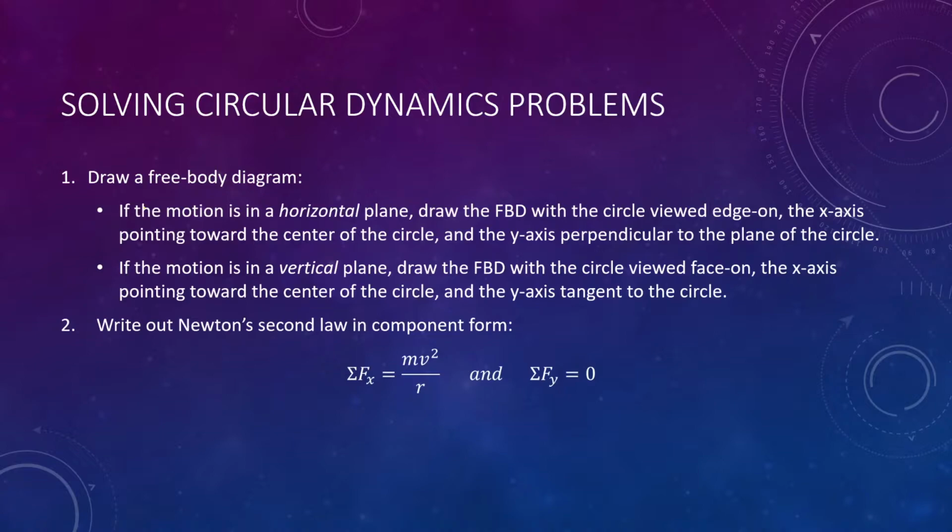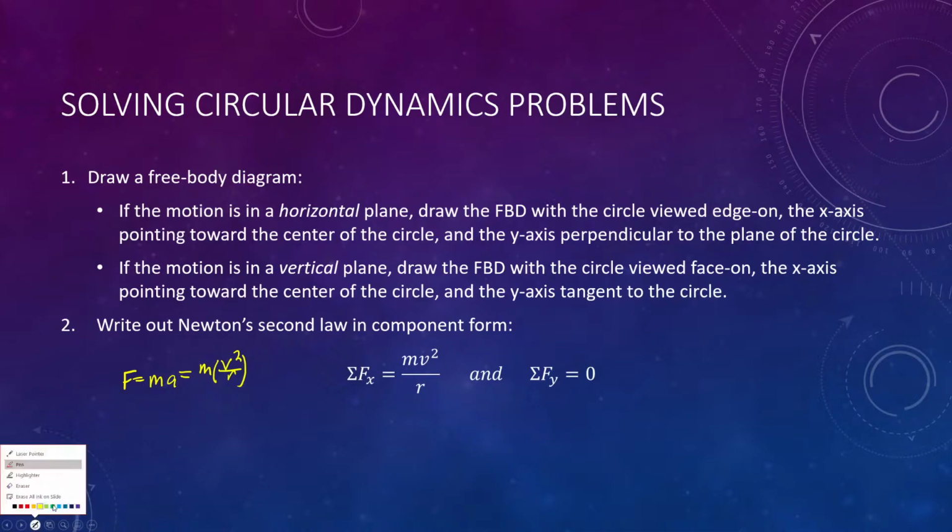And note that this is coming from F equals ma. In circular motion, a is v squared over r. So we used to set our equations equal to ma, but now we're being specific and saying it's mv squared over r.